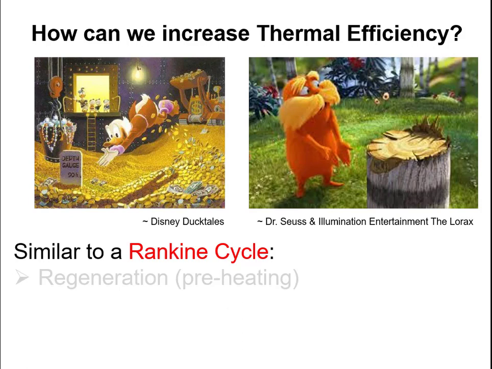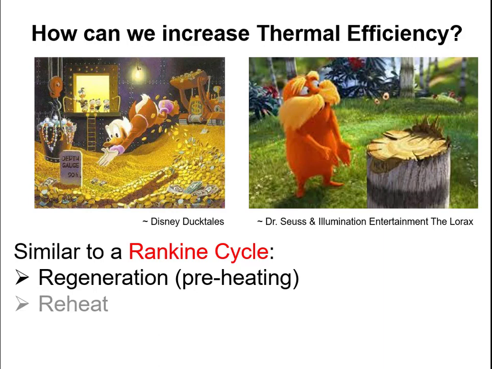Just like a Rankine cycle, we can do regeneration, or preheating fluid before it gets into our heat addition stage. Like in a Rankine cycle, we can use reheat, so we can separate our turbine phases into a high pressure turbine and a low pressure turbine, and we can add heat in between.